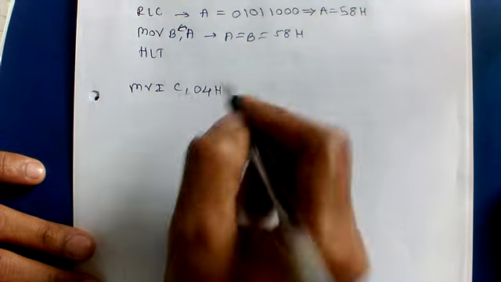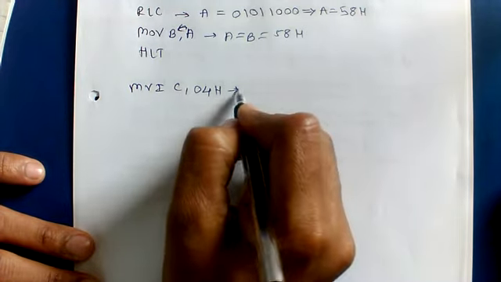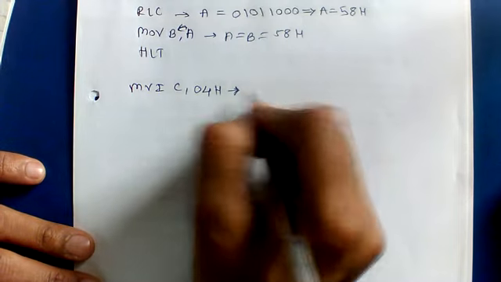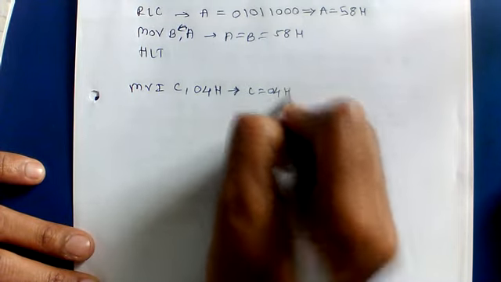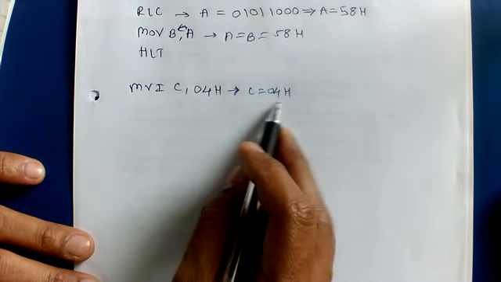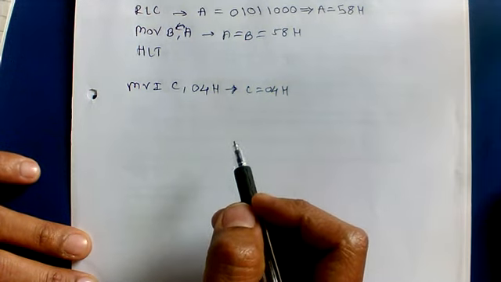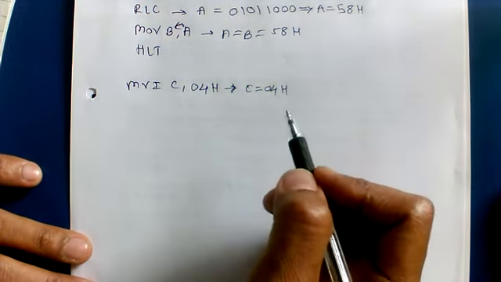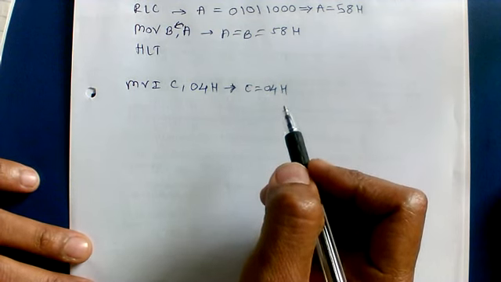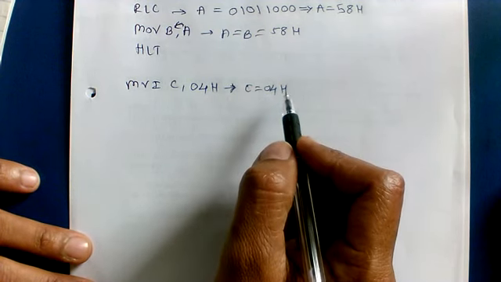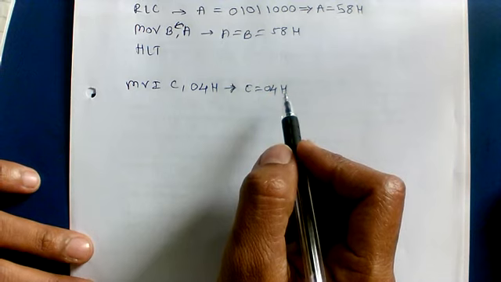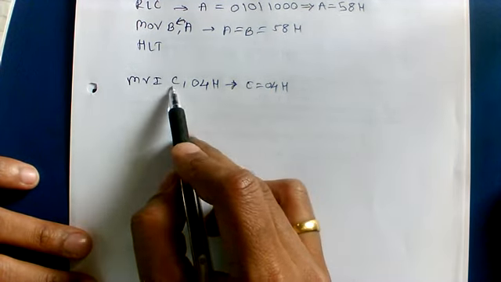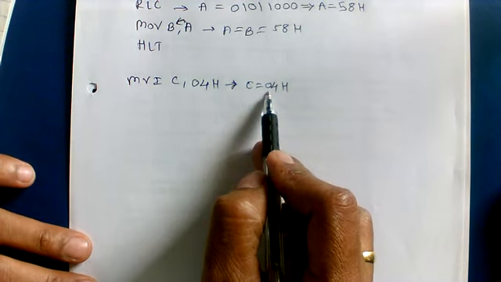So C register we are going to use for counting purpose. After execution of this MVI C, in C register you will get 4, or simply counter with C register with value 4. Why 4? Because we are going to execute RLC instruction 4 times.